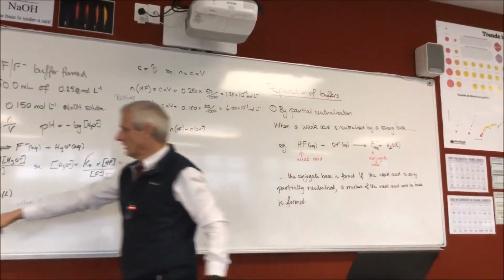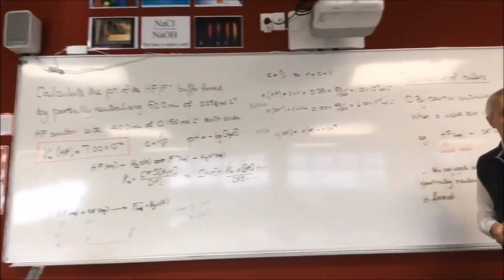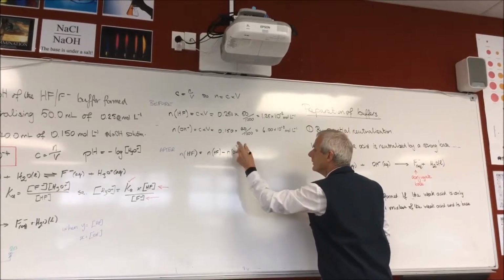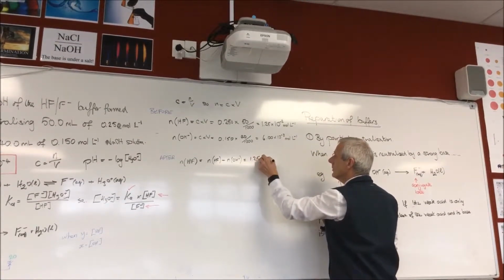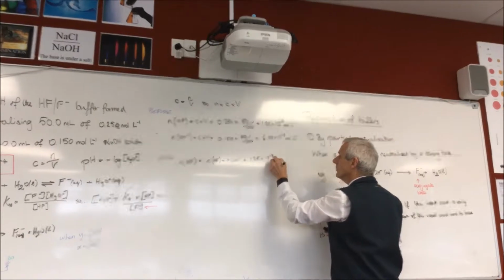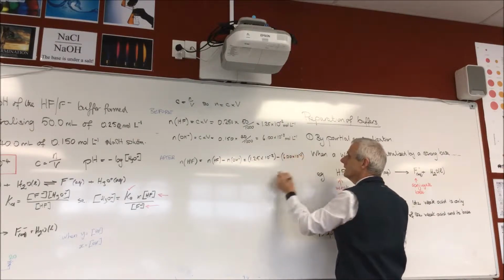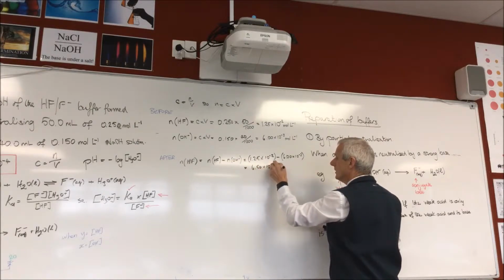We've just taken the number of moles of OH minus away from the number of moles of HF. And that is equal to 1.25 times 10 to the minus 2 minus 6.00 times 10 to the minus 3, which is equal to 6.50 times 10 to the minus 3.